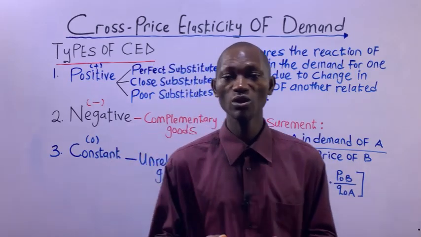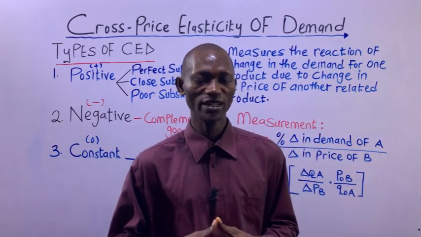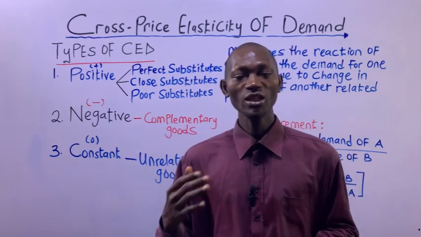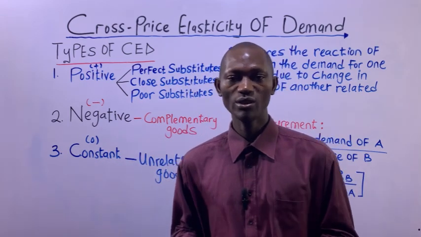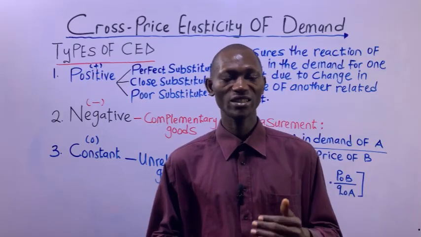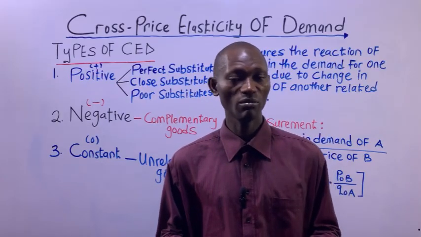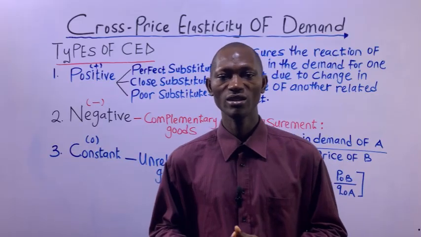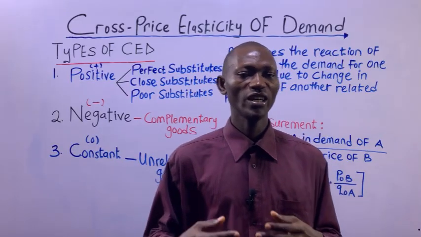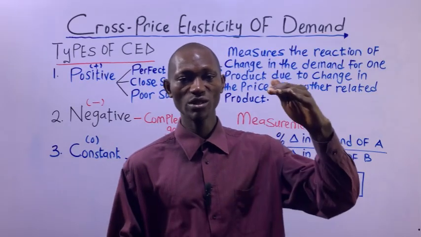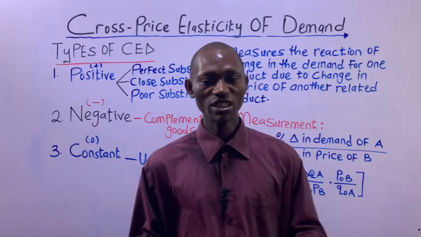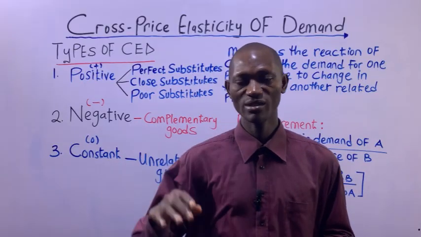And complementary goods have a negative relationship, in the sense that an increase in the price of one will lead to a decrease in the demand for another complementary good, and a decrease in the price of one complementary good will lead to an increase in the demand for another. That denotes a negative relationship.